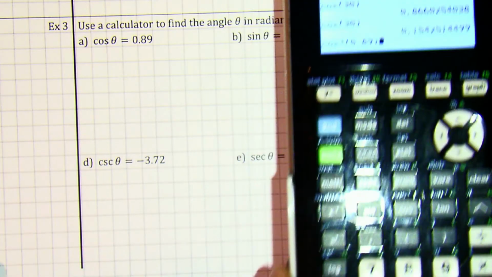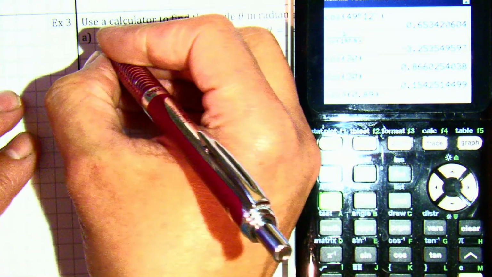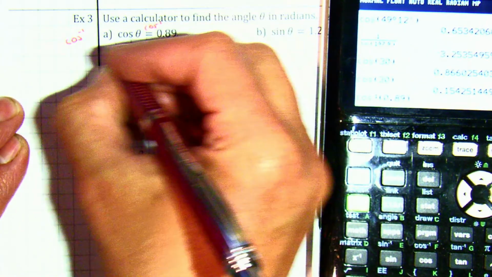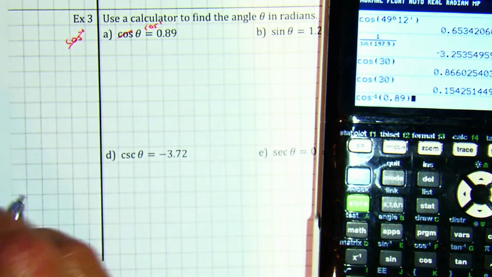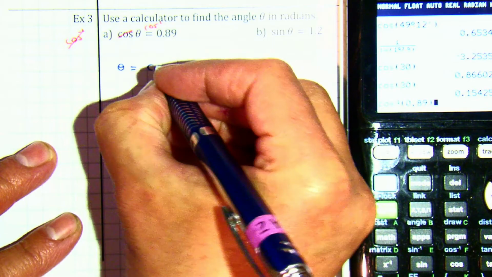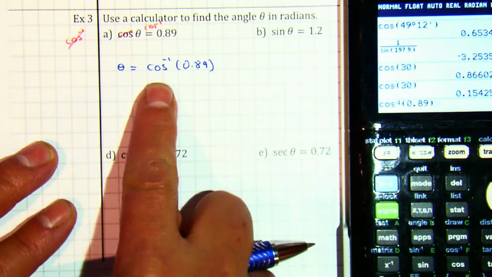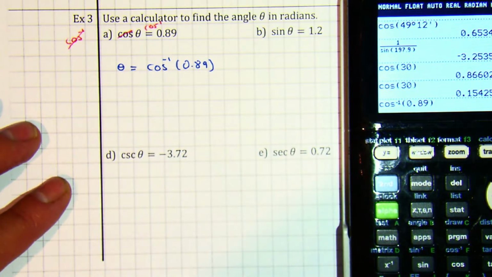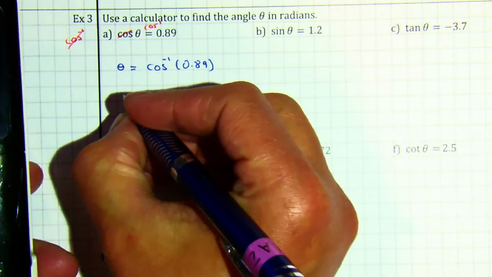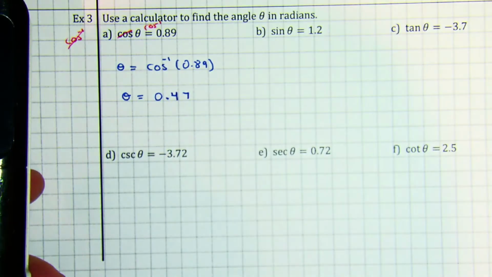In order to solve it, to get rid of the cosine, we take the inverse cosine on both sides. That cancels, and that gives me my angle is equal to the inverse cosine of 0.89. And we'll cover inverses in the next lesson. So therefore, your angle is equal to 0.47 radians.